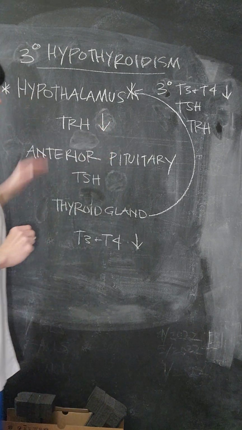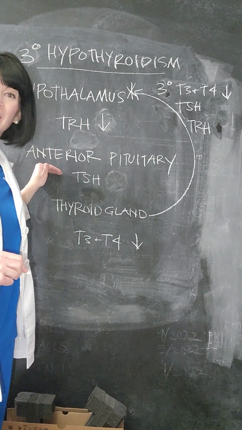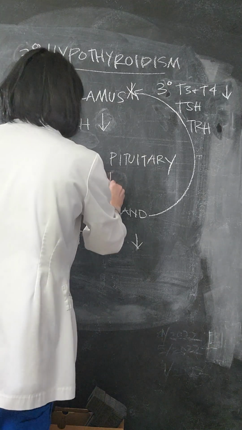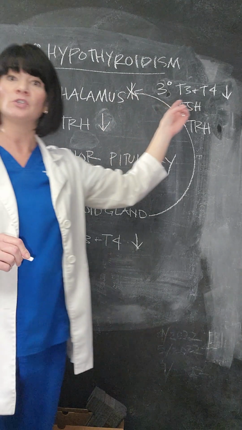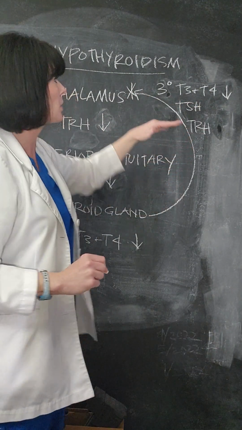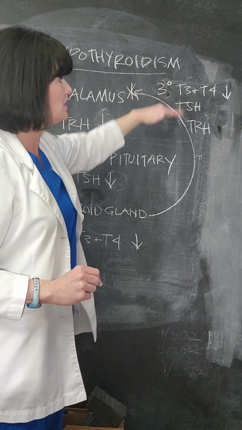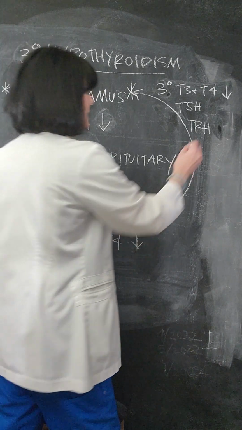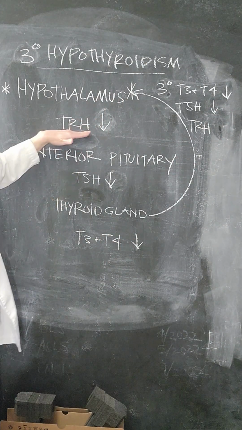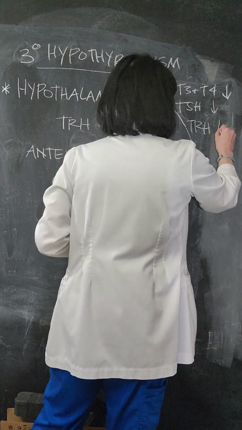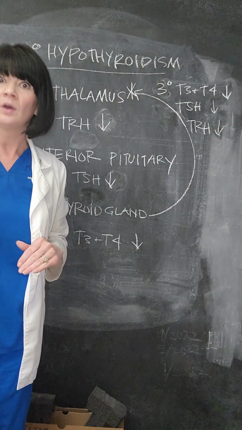It stays decreased, which in turn acts on the anterior pituitary to also keep thyroid stimulating hormone decreased. So in the case of tertiary, when there's a hypothalamus problem, T3 and T4 will be decreased. Thyroid stimulating hormone from the anterior pituitary will also be decreased, as well as thyroid releasing hormone from the hypothalamus.